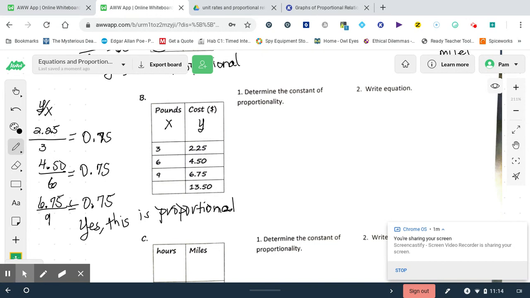All right, so I know it's proportional. I know what the constant of proportionality is. The constant of proportionality is just that constant number I kept getting. I'm sorry about the way this pen is writing.